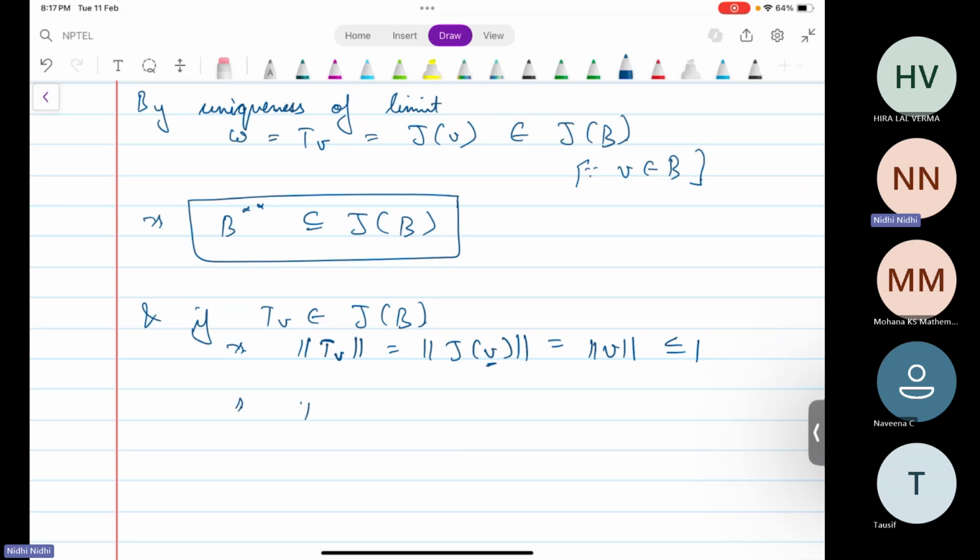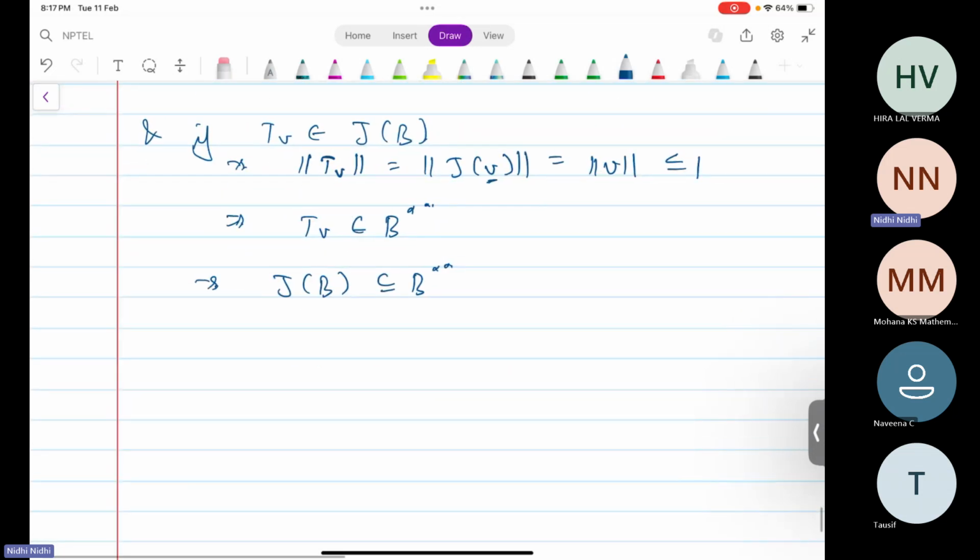This implies TV belongs to B star star, which implies that JB is a subset of B star star. Hence, JB is equal to B star star.